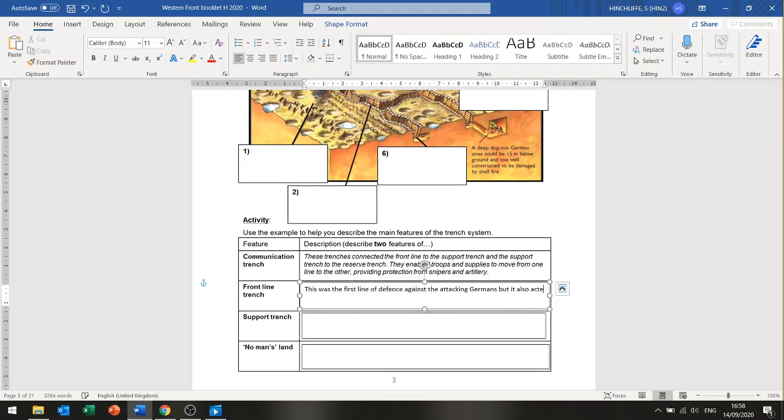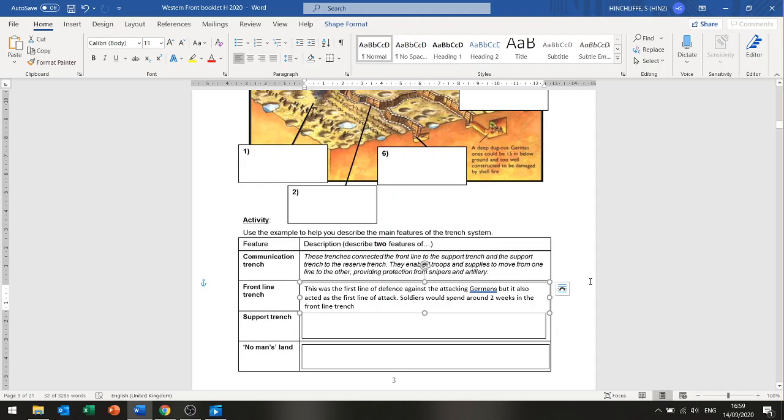It also acted as the first line of attack. Soldiers would spend around 2 weeks in the front line trench.